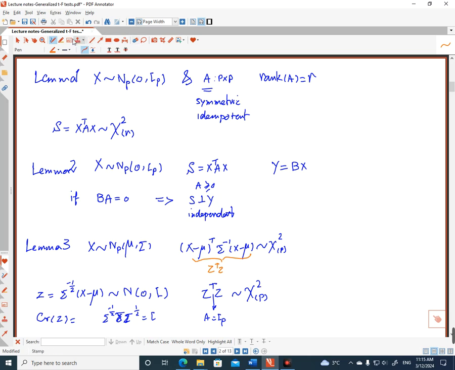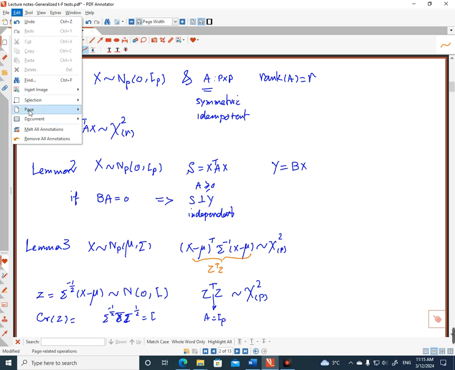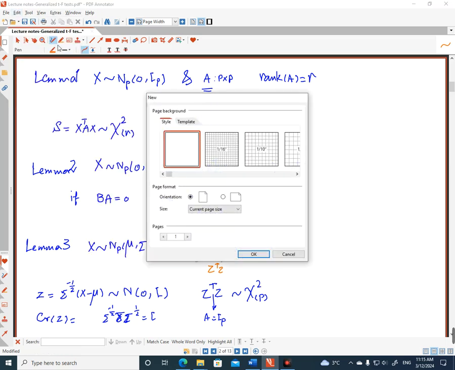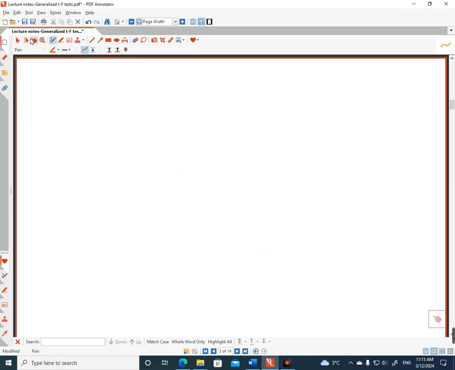Just as an illustration, let's see what we can do with this lemma. For instance, if we have the expected value of y equal to eta and the covariance of y equal to sigma squared identity, for a moment assume that it is of dimension n. In linear modeling, we usually assume that the response is n-dimensional.